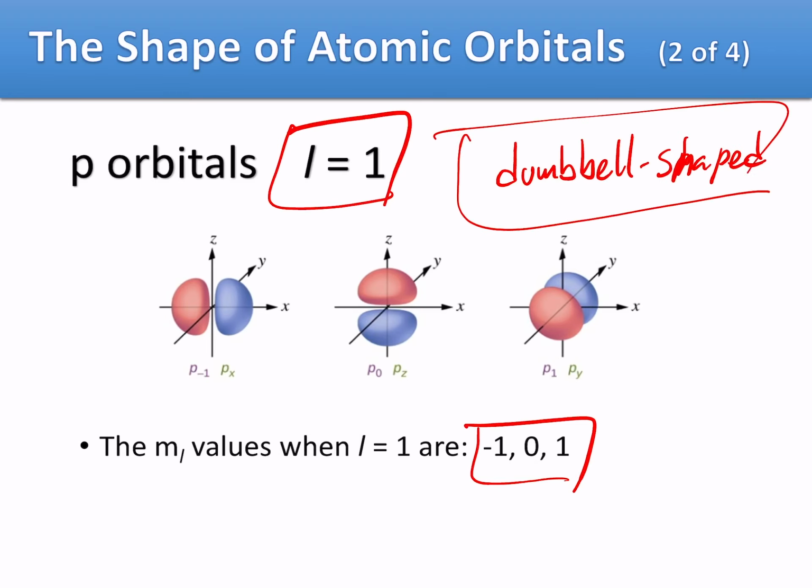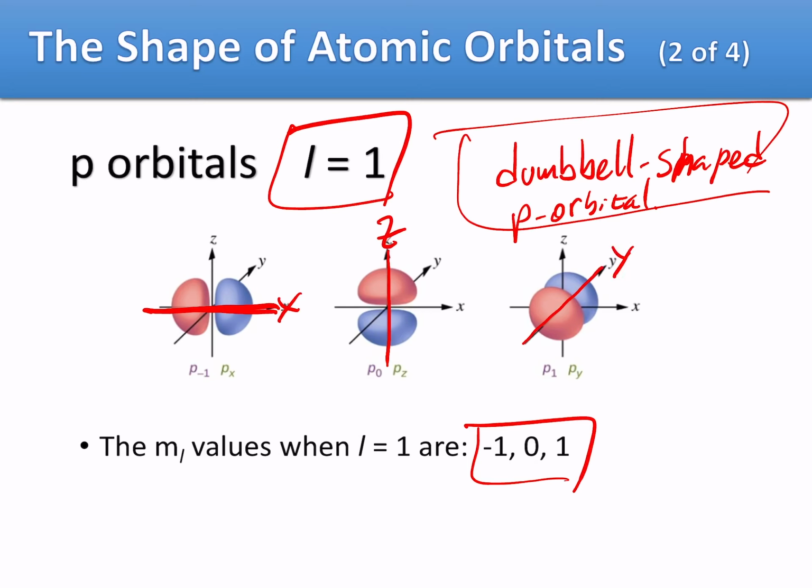All 3 different p orbitals have the same shape, it's just that the orientation is different. For example, the first one is centered along the x-axis, this one is centered along the z-axis, and this one is centered along the y-axis.